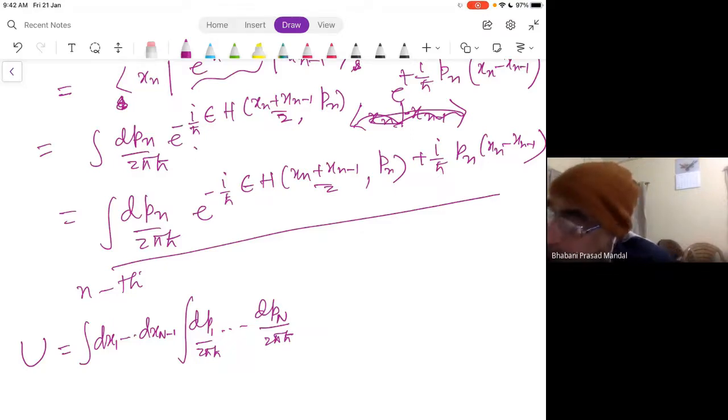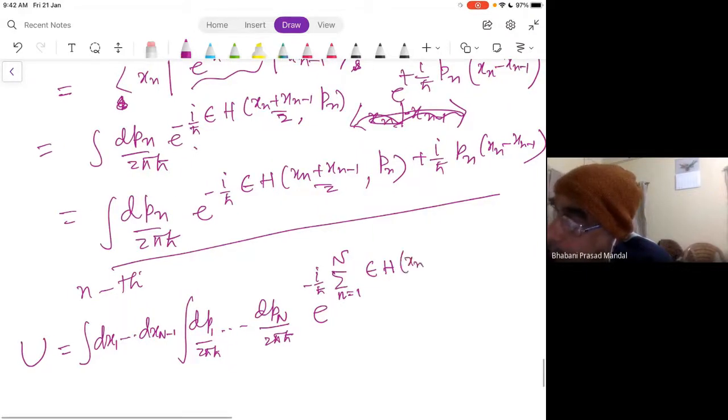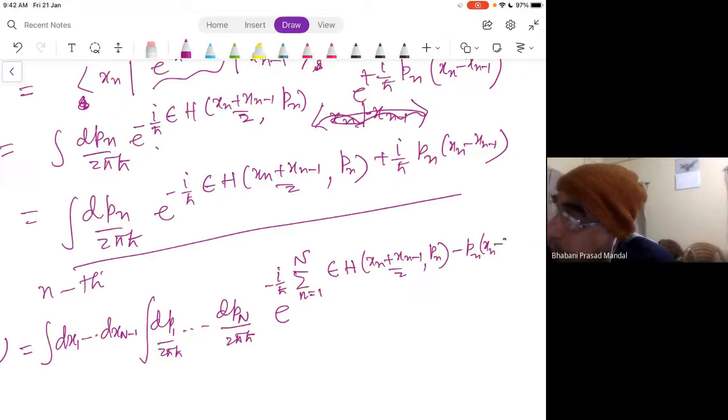So the product means a sum in the exponent: e to the power sum over n from 1 to capital N of epsilon H, minus i h cut, let me write epsilon, so (x_n plus x_{n-1}) by 2 and p_n, and then there will be minus p_n, because minus i h cut I have taken common, times (x_n minus x_{n-1}).